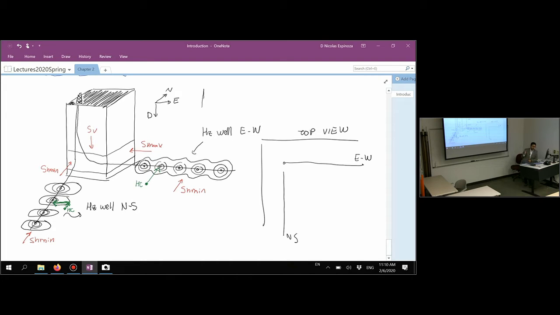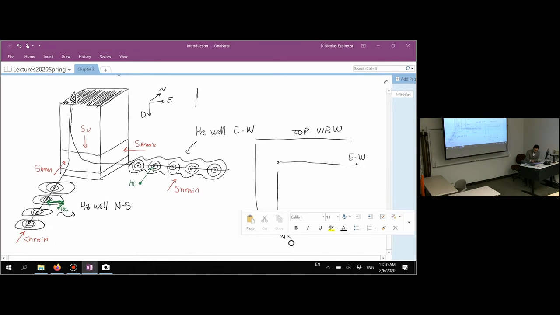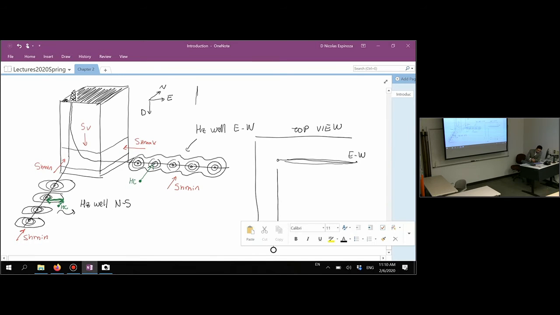So when you look at it from the top, it's just something, wait a minute. Okay. So the fracture is going to be there, and in the wellbore north-south, you have several fractures like this.